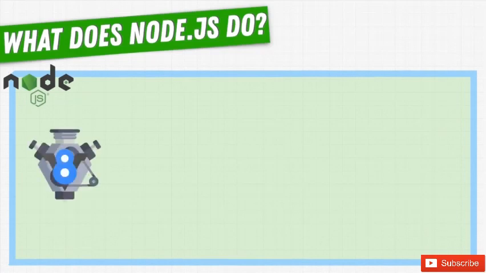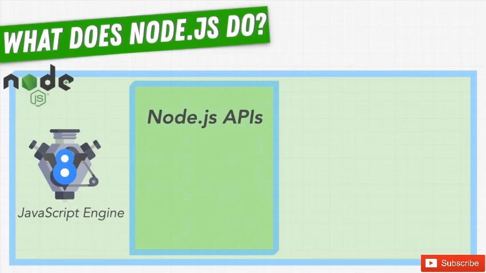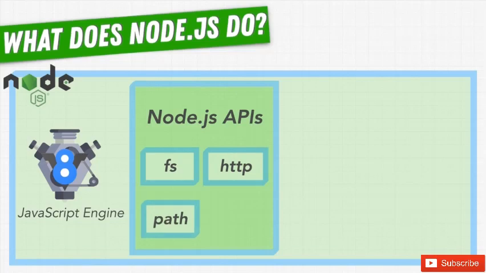We've already seen that we have the V8 engine, which is what allows us to run basic JavaScript code like 2+2. But also part of Node are our Node.js APIs, or additional functions that allow us to do things like talk to the file system to read files, make HTTP requests, or look up paths on our computer for files that we might want to read and write.